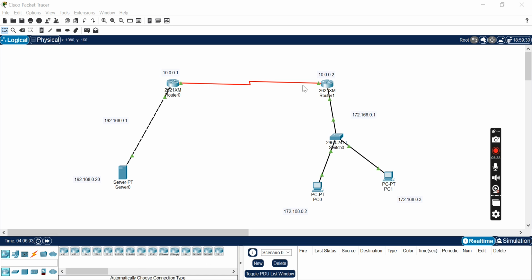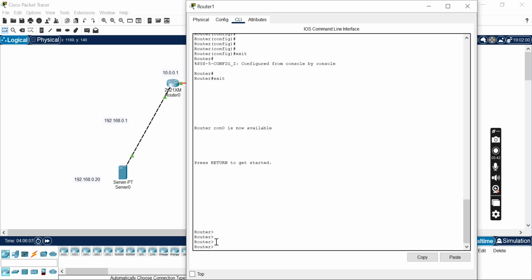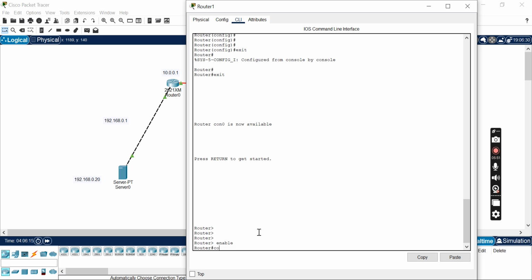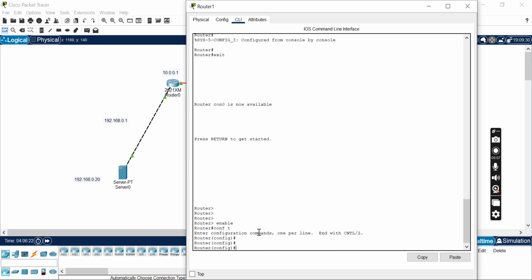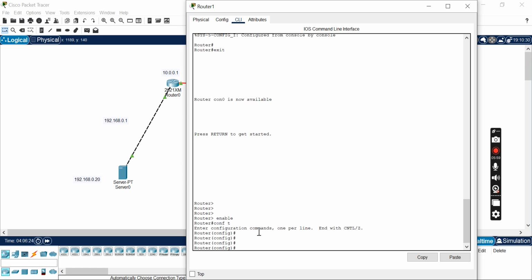I'm going to click on my router and enable it. Then I'm going to move to the configuration mode. I'm not going to write access-list like in my previous video.